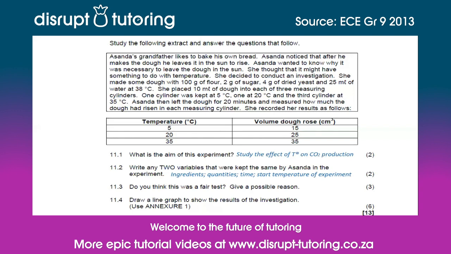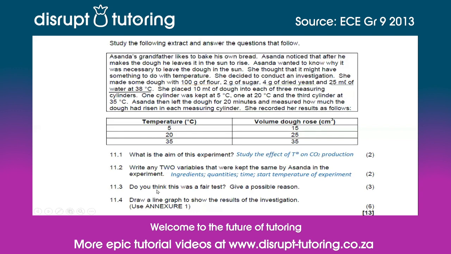She let the experiments run for the exact same time, and the start temperature of each of the experiments was also the same, where it says here that it was 25 milliliters of water at 38 degrees Celsius. So the start temperature of the experiment was the same. Okay, so any 2 of those variables will be sufficient to get you the marks for this question.